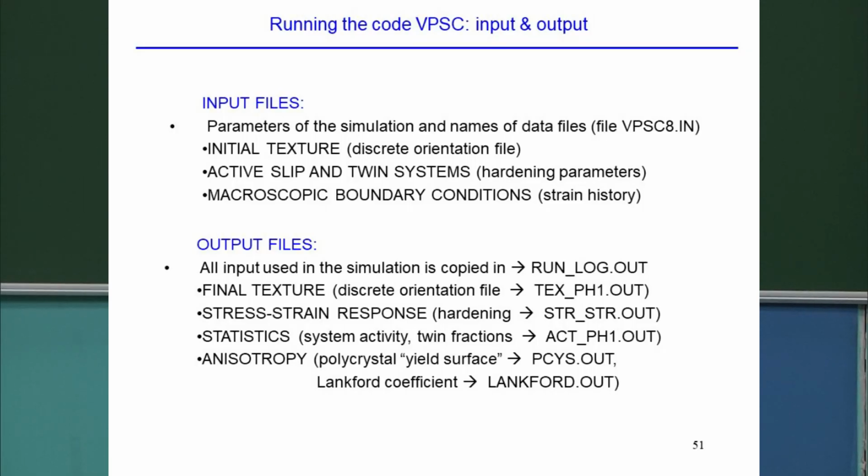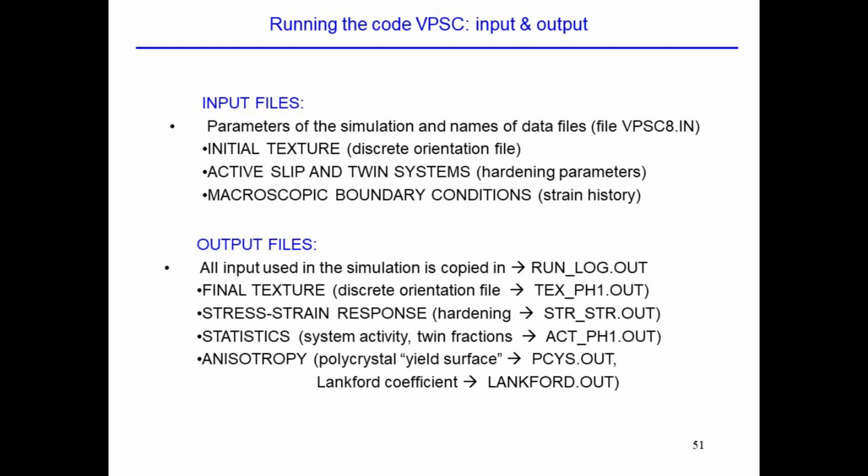So these are the slides that I showed yesterday last. I showed what are the input and output files that are required for the code to run. They are the initial texture, the crystal file with the active slip and twin systems, and the hardening parameters, the boundary conditions, that is the type of strain that you want to apply to your crystal.